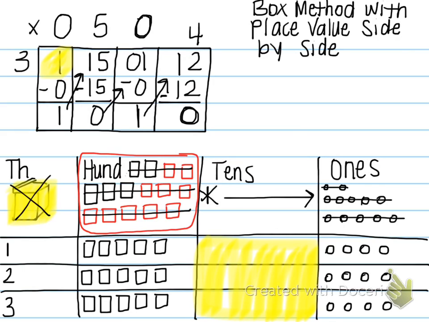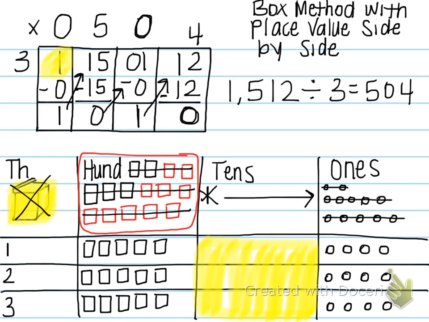And I did not have anything left over. So my quotient for this problem, 1,512 divided by 3 equals 504.